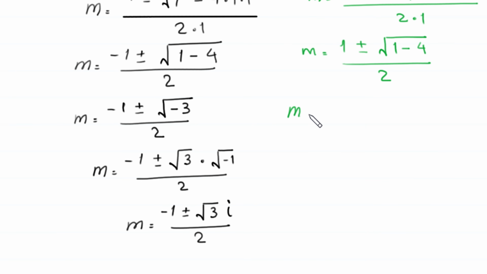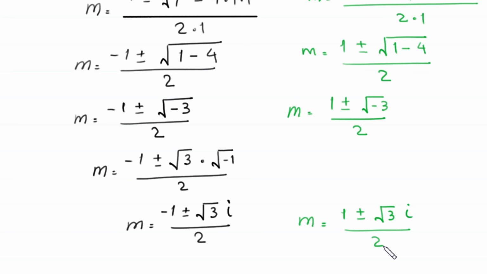Next, m is equal to 1 plus or minus the square root of 1 minus 4, which becomes square root of negative 3, divided by 2. And from this we get the value of m equal to 1 plus or minus root 3 i divided by 2.